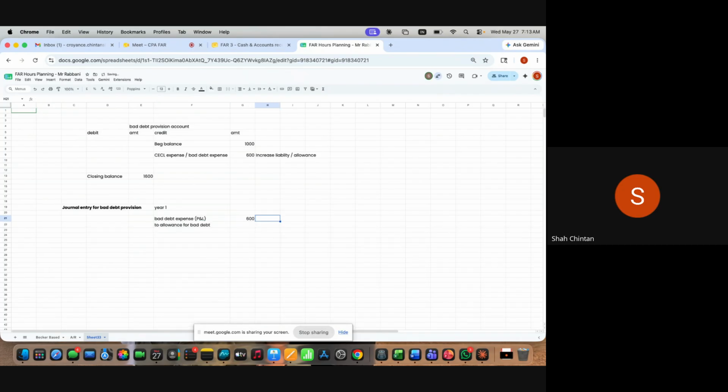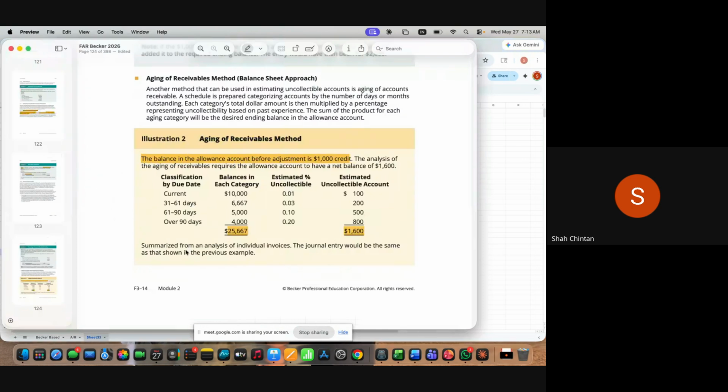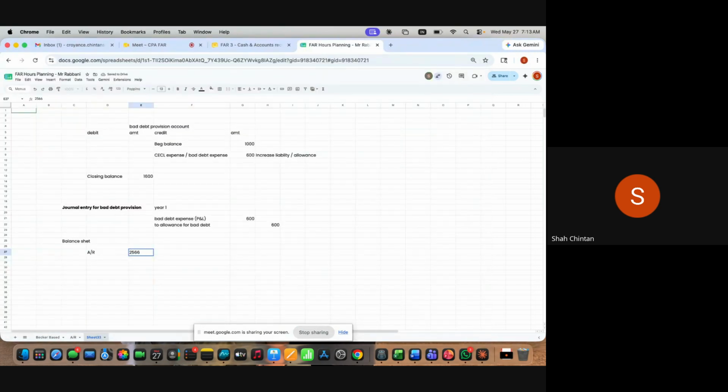Entry is $600. What happens in your balance sheet? In your balance sheet, you have an accounts receivable. How much? 25,667 less allowance as a contra asset for $1,600, and net accounts receivable will be 24,067.